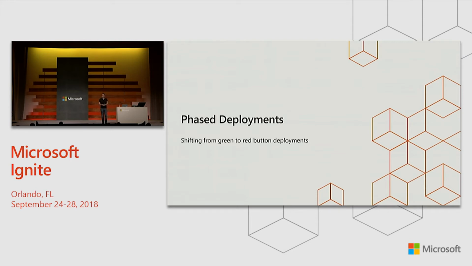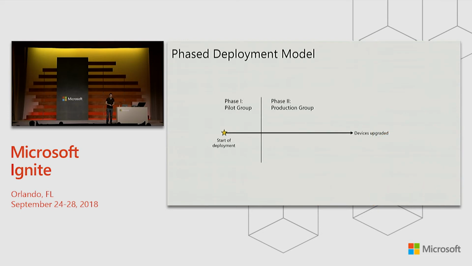What phase deployments allows you to do is shift to a red button approach. Still have the control and the ability to back away if there are issues, but we'll gate that on the issues as they come in rather than softer variations such as being shouted at. So the phase deployment model is that at the beginning of your deployment, you have a pilot group, and we begin the deployment to the pilot group.